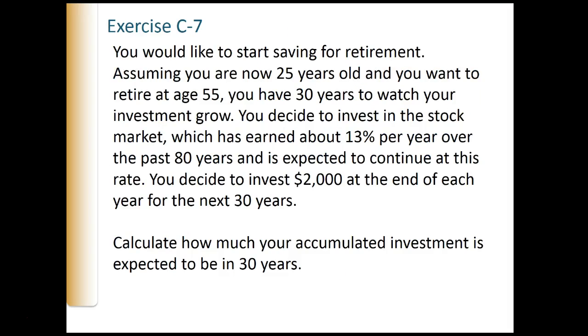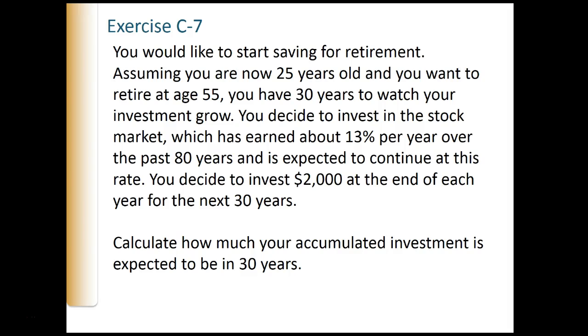So let's do problem or exercise 7 at the back of this appendix. You're going to start saving for retirement. Assuming you are now 25 years old and you want to retire at age 55, you have 30 years to watch your investment grow.